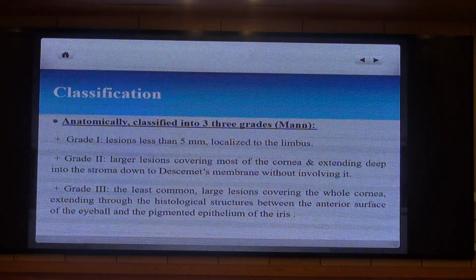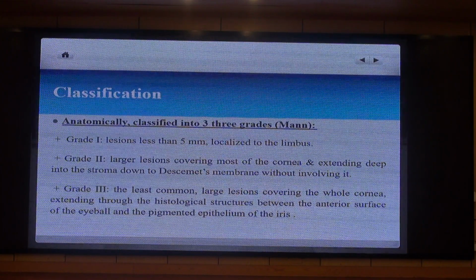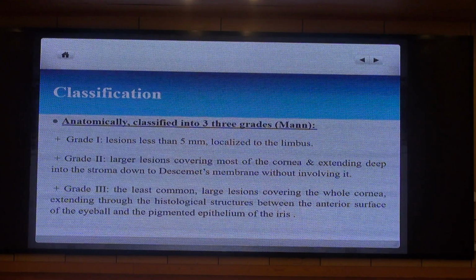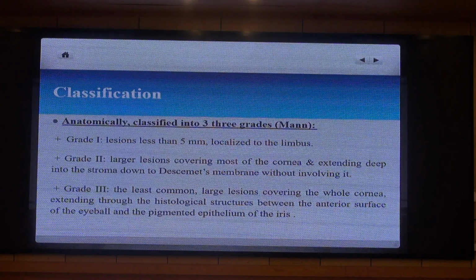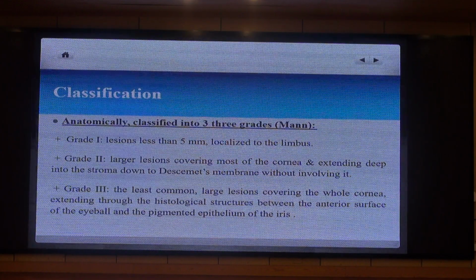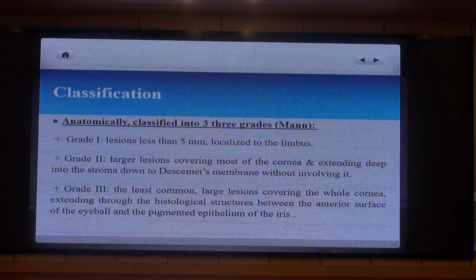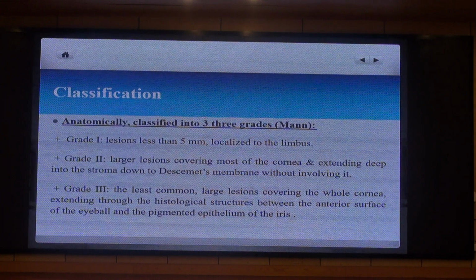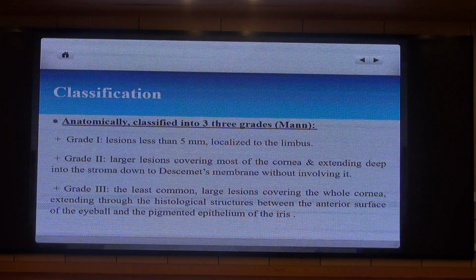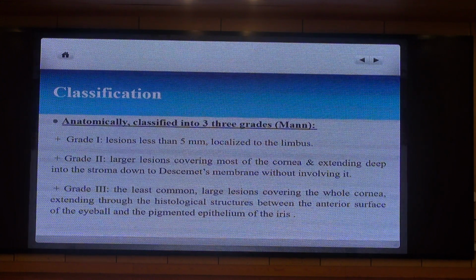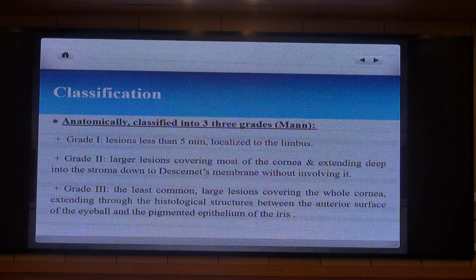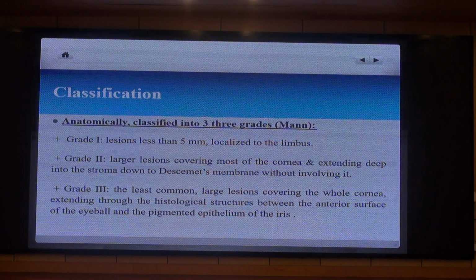The classification of limbal dermoid is very important because it can help us find out how to treat the tumor. Anatomically it is classified into 3 grades: grade 1, 2, and 3. Grade 1 lesion is less than 5 mm, localized to the limbus.